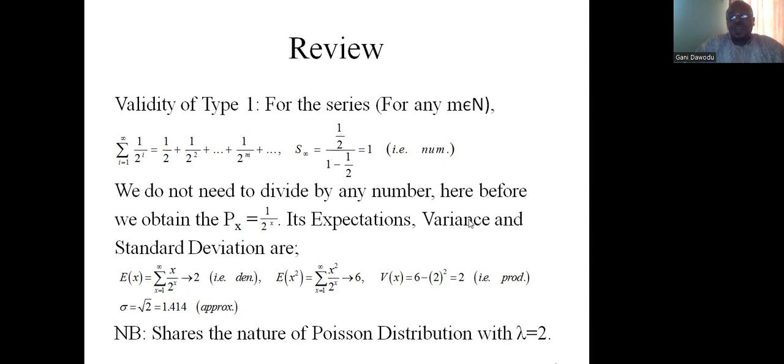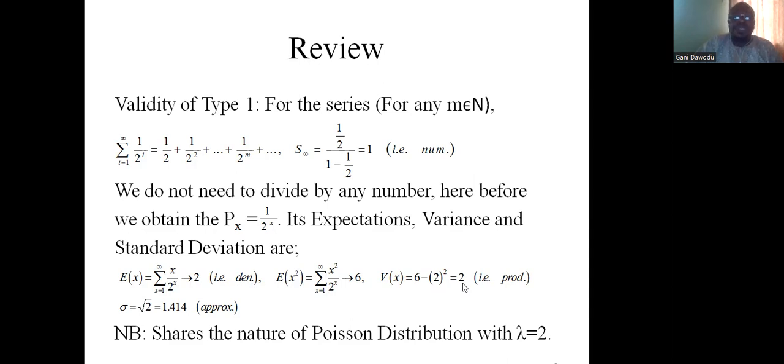Now, its expectation, variance and standard deviation are obtained through this means. We saw that the expectation of x converges to 2, and 2 happens to be the denominator. Keep that as well. The expectation of x squared converges to 6. As such, the variance is equal to 6 minus 2 squared, which is 2, meaning that the mean and the variance are both equal to 2.